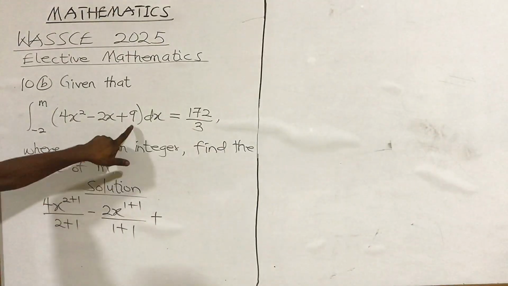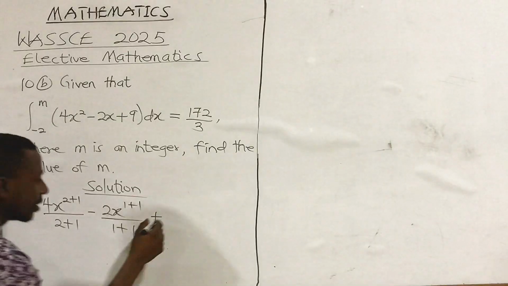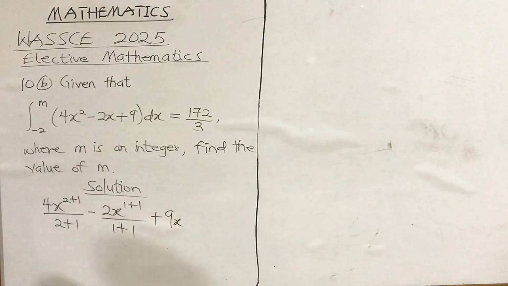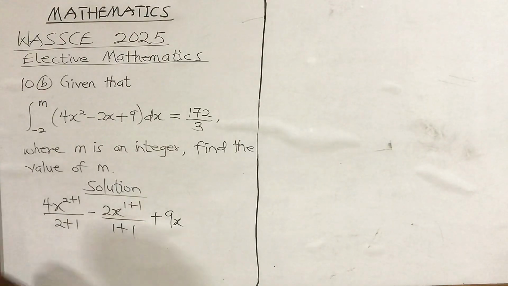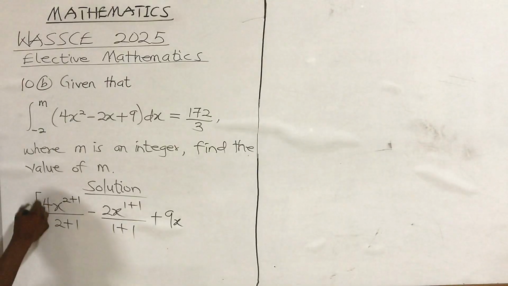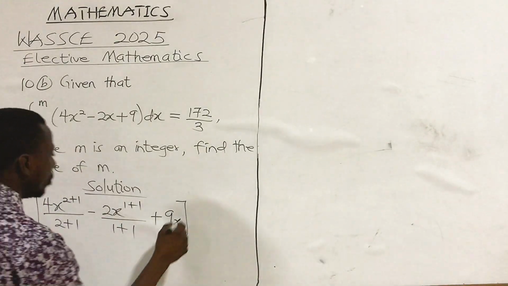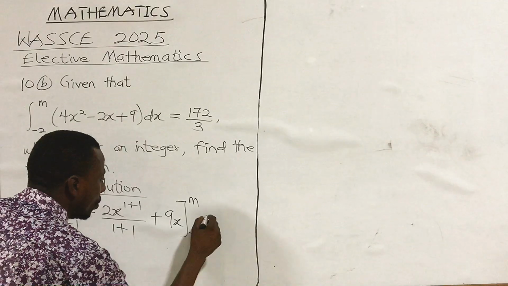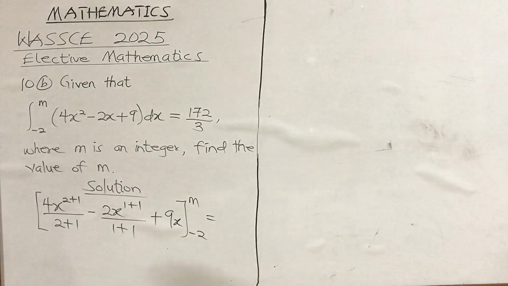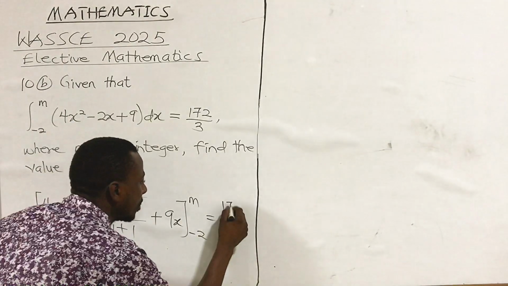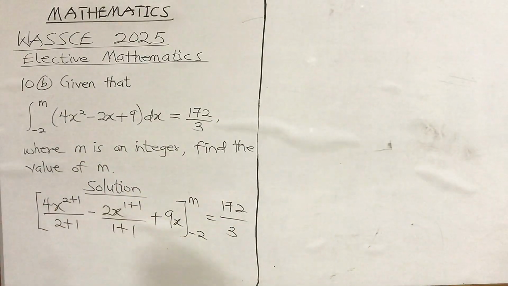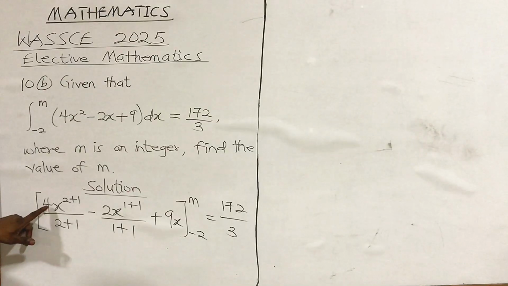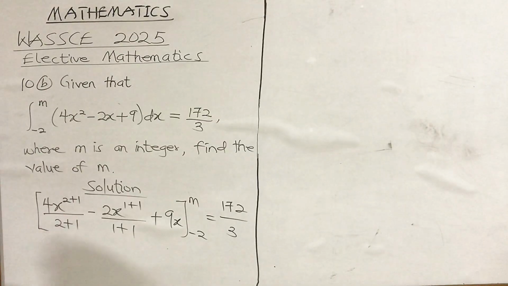Plus, when I am integrating any constant, then I will just add a variable to it. Because it is with respect to x, I'm going to add x to it. Then we have the limit to be m and then -2, and everything has been equated to 172 all over 3. So now let's simplify what we have here. We have 4x exponent 2 plus 1, which is 3.